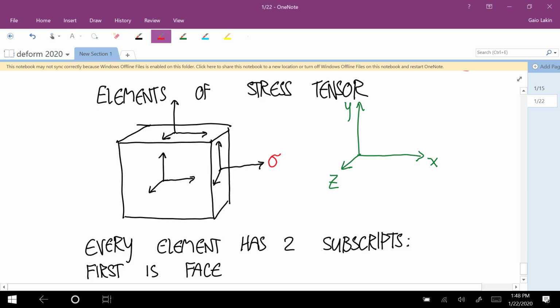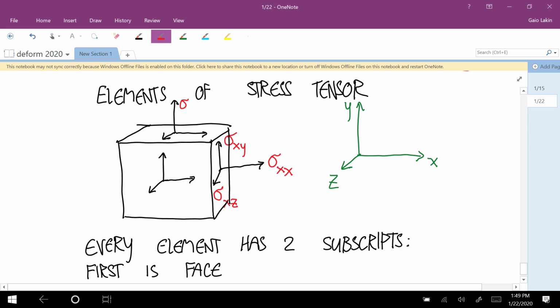So this element is the X face, and then what axis is it in the direction of? So that's the XX stress. Then this one here, it's on the same face, so the first subscript is still X. But what axis is that in the direction of? Yep, so that's XY. What's this one called? XZ, yep. And then on this one, what face is this?